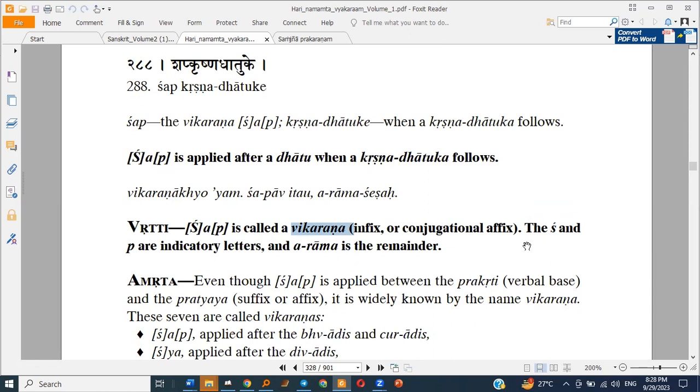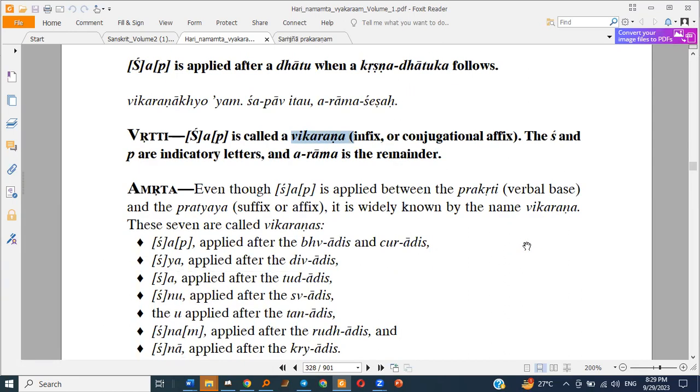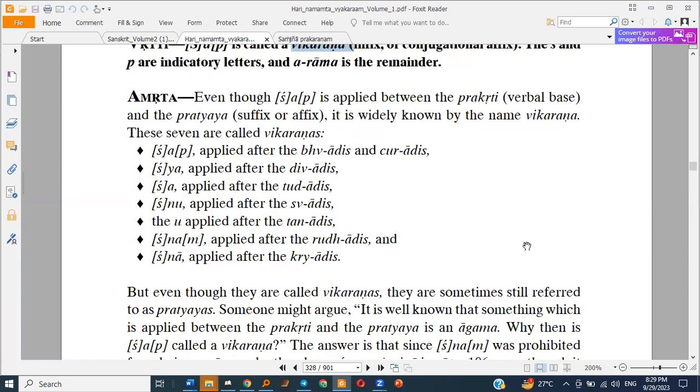So basically, when in dhatus we are declining the verbs, when we join prakriti and pratyaya together, in order to complete that conjugation, we employ such different vikaranas in these different 10 classes. So they are pratyayas also, and they are also called the vikaranas. So we will have different vikaranas in all these 10 ganas, the classes.